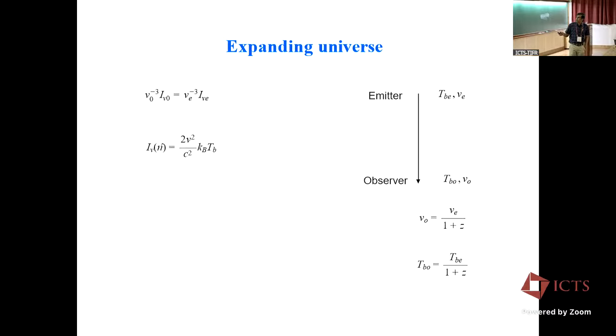So if you know the specific intensity at the location of origin of the radiation, you can calculate the specific intensity at a later time using this relation, right? And the effective temperature of that source will also go down as 1 by 1 plus z. So if it is expanding, the temperature will reduce by this factor 1 plus z. So this is the brightness temperature that will reduce.